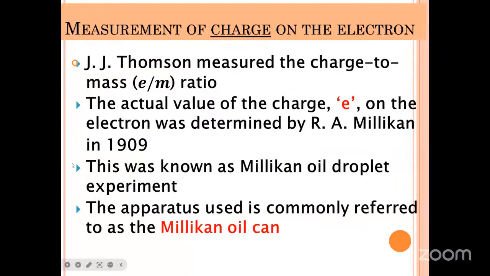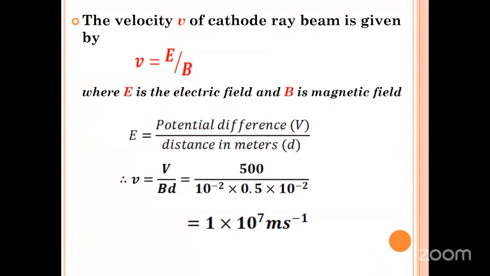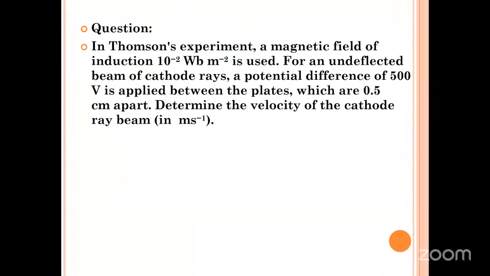Look at the JJ Thomson modified cathode ray. You will see not only north and south, you will see north, south, east and west there.